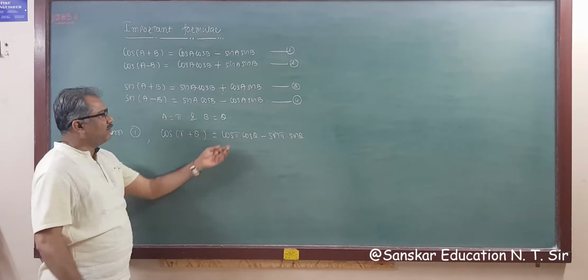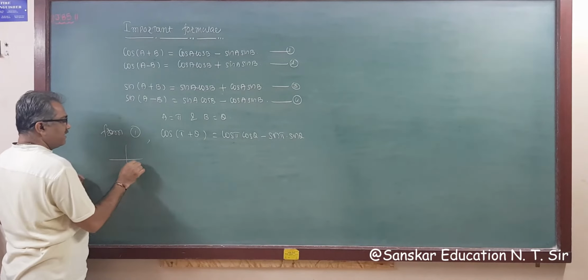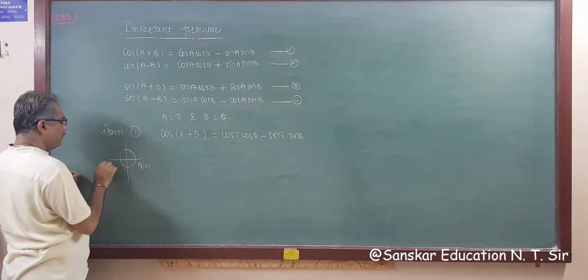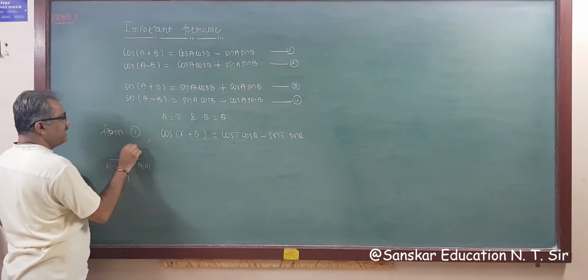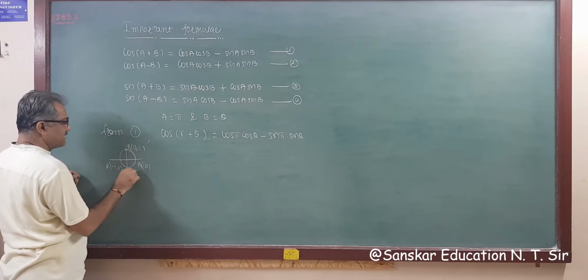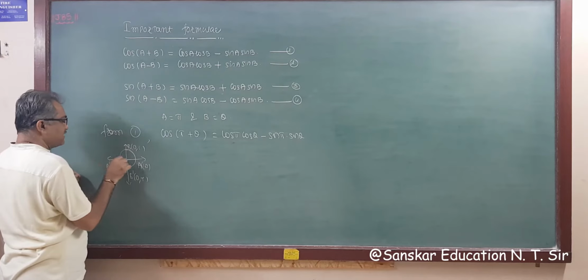The value of cos pi you know. In the unit circle, this is A (1, 0), this is A dash (-1, 0), this is B (0, 1), and this is B dash (0, -1), and this is the origin.